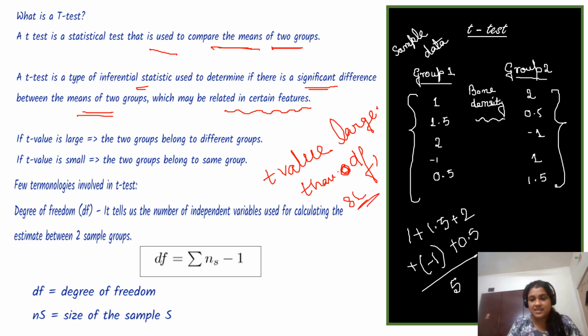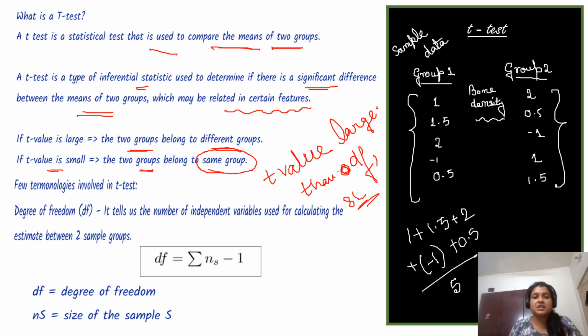I will come to these things later on. So for now you can understand, if the t-value is large, the two groups belong to actually different groups. Okay, so if the t-value is large, the two groups are basically different groups. And if the t-value is small, the two groups belong to the same group.